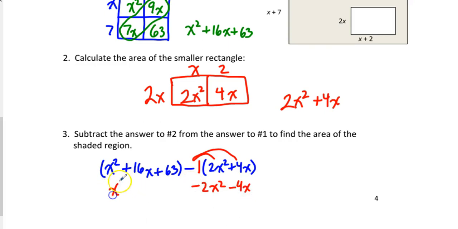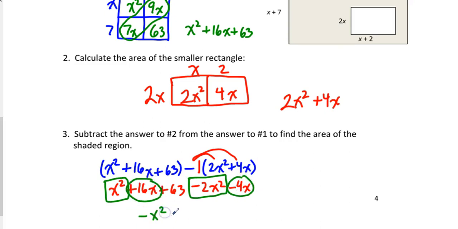We make very much fewer mistakes when we do addition than when we try to keep track of our subtraction. Now it's just a matter of combining like terms. Well, that's kind of a funny looking area, right? Because it has a negative sign in it. But of course, this is just the result of different side lengths being in terms of x.